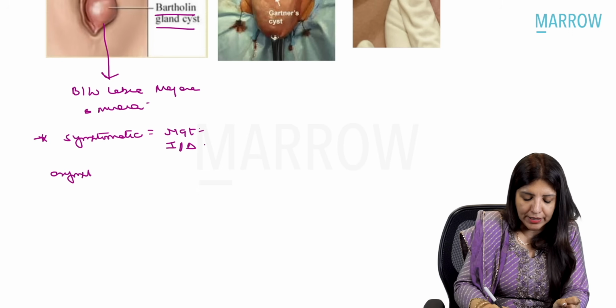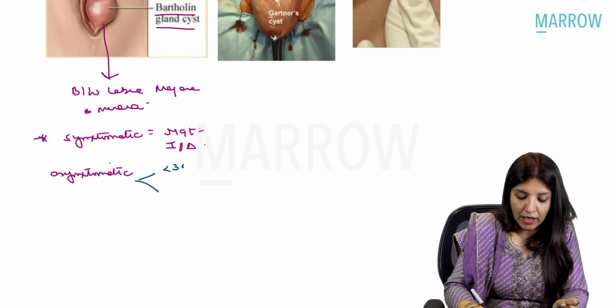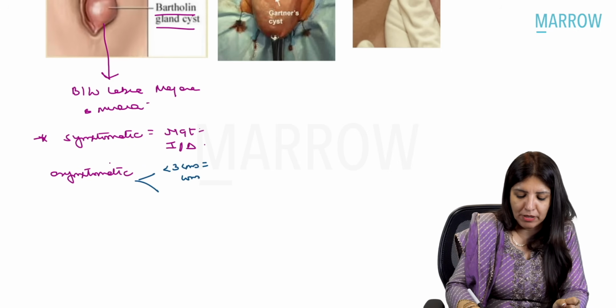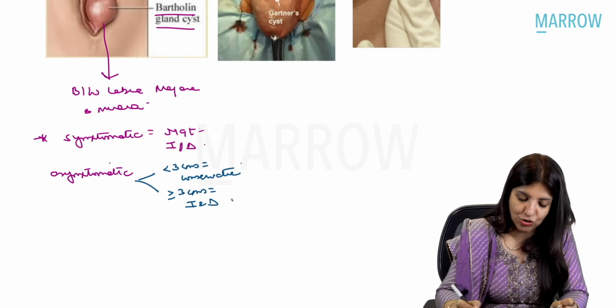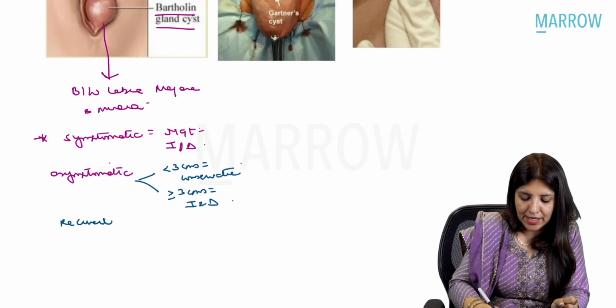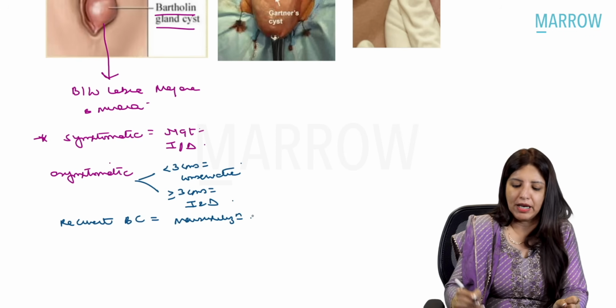If a Bartholin gland cyst is asymptomatic, then you have to look at the size of the cyst. If it is less than 3 centimeters, you have to go for conservative management. If it is more than or equal to 3 centimeters, you have to go for incision and drainage. If your question says that there is a recurrent Bartholin cyst, then the management is marsupialization.